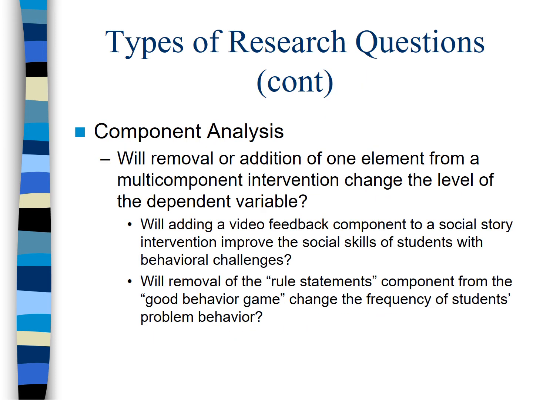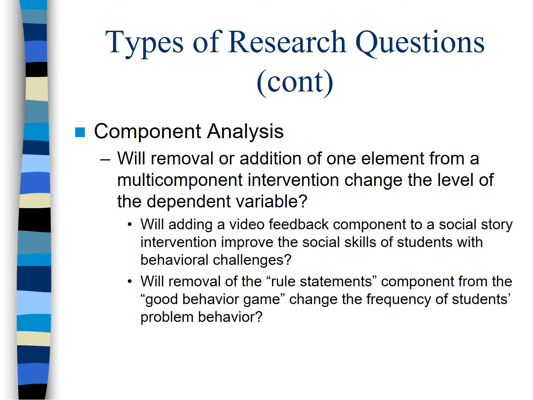Finally, some research questions, we're interested in what aspect or what piece of it is actually contributing the most. This is usually done later. So when you're looking at a new area of research, the first studies are always, or most often, demonstration studies, because the basic question is, will this work?